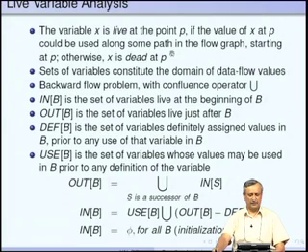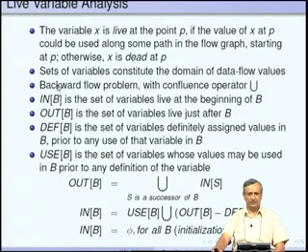If this does not happen, then we say that x is dead at p. The sets of variables constitute the domain of data flow values here. Each data flow value is a set of variables. This is a backward data flow analysis problem and the confluence operator is union.